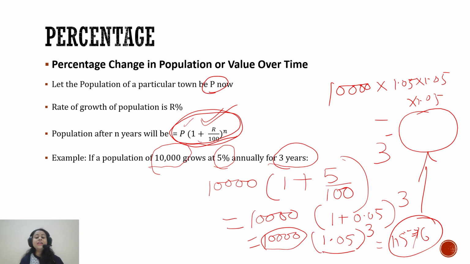So it will be P into 1 minus R by 100 to the power n, right? So there will be one particular initial population, then percentage increase in population, which is R, and then this formula you have to apply.